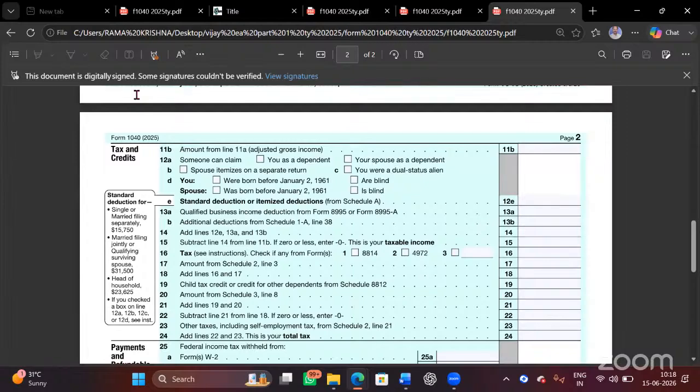According to form number 1040, after calculation of the tax, these credits are allowed. That part is covered from the 12th point onwards, taxes and credits.